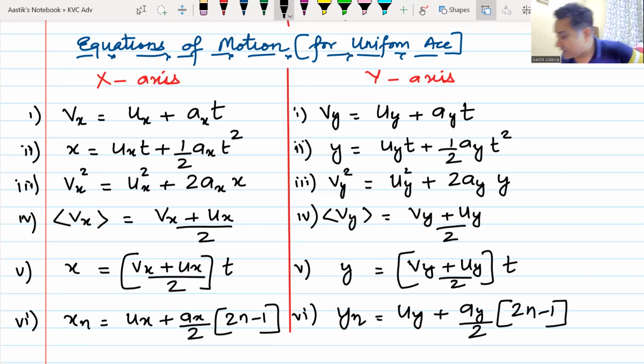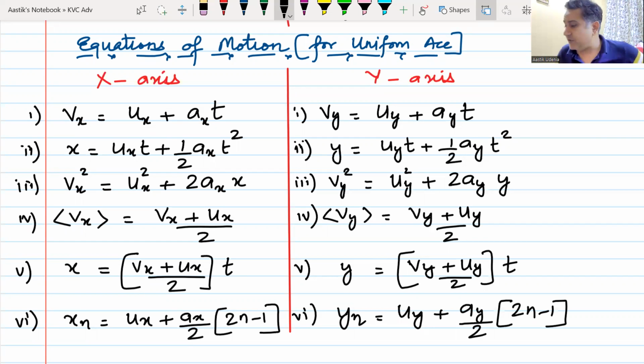Okay. Now, as soon as we hear the term motion in 2 dimensions, remember the first example that we did was also a case of motion in 2 dimensions.